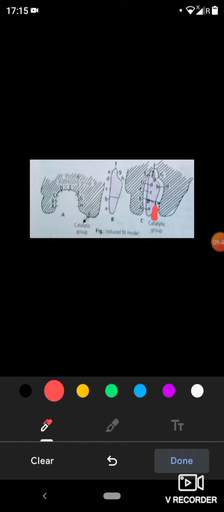The catalytic group helps in bringing about the chemical reaction, and the substrate is converted into product. Then the product is unable to hold on to the buttressing group due to the change in its structure and bonds. The structure and conformation have already changed because of the attachment of the substrate. So when the buttressing group reverts to its original position, then only the product will be released.